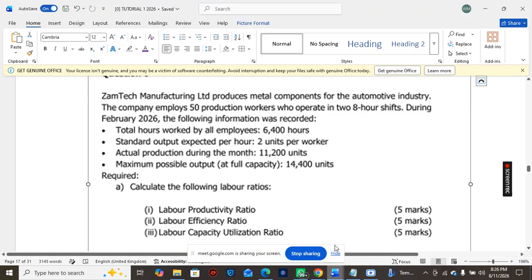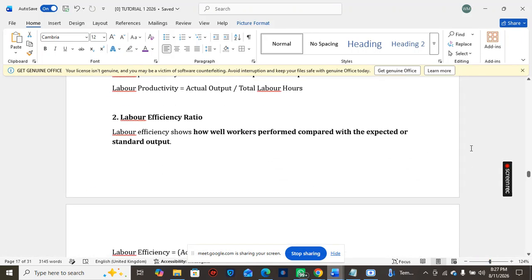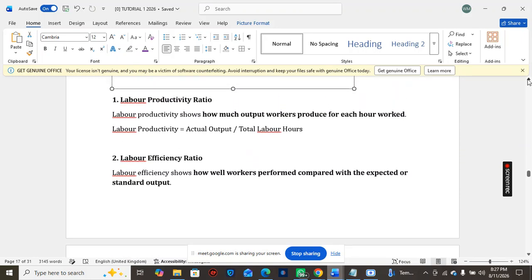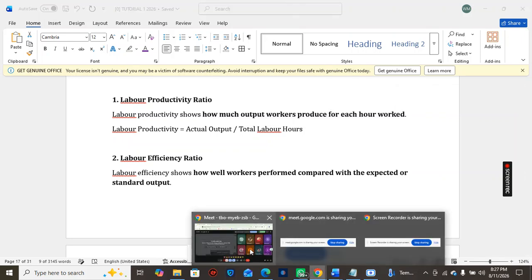So the question asks, number one, calculate the labor productivity ratio, the labor efficiency ratio, and the labor capacity utilization ratio. We just need to remember what these things mean first. Labor productivity ratio: how much output workers produce for each hour, output per hour for each worker.